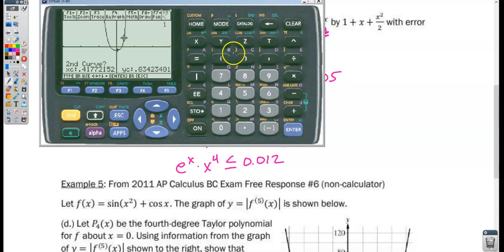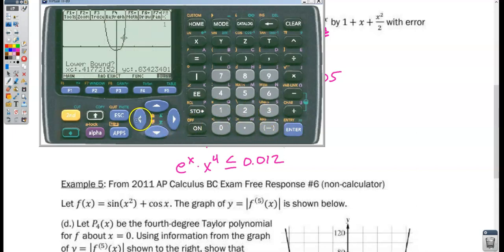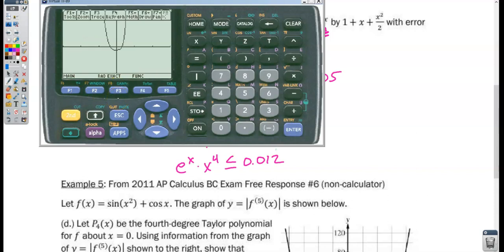Oops, I chose the wrong command. The zero command, here we go. And we want it to be in between here and here. And we get that x is equal to 0.307. Since we're rounding the interval out, 0.307.